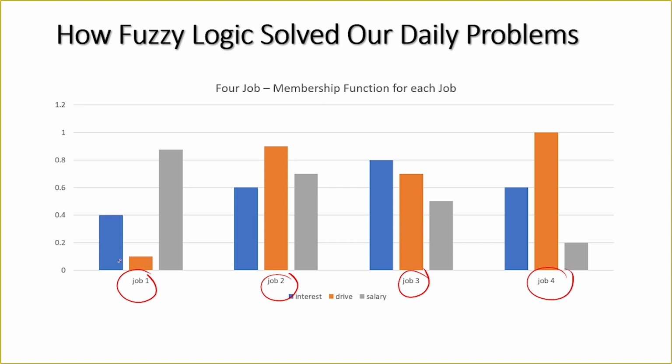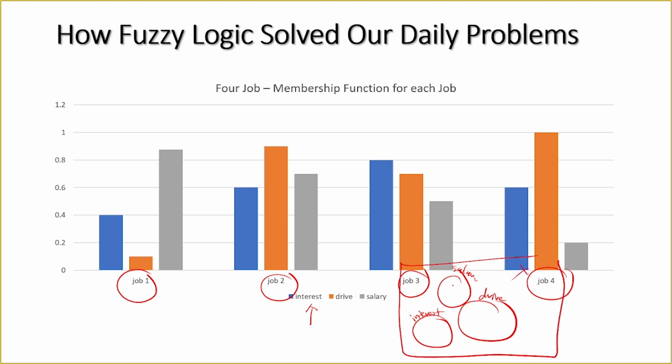But it relates to the three domains that we discussed just now: the set of interest, the set of drive, the set of salary. So they lie in the subset of X, right?